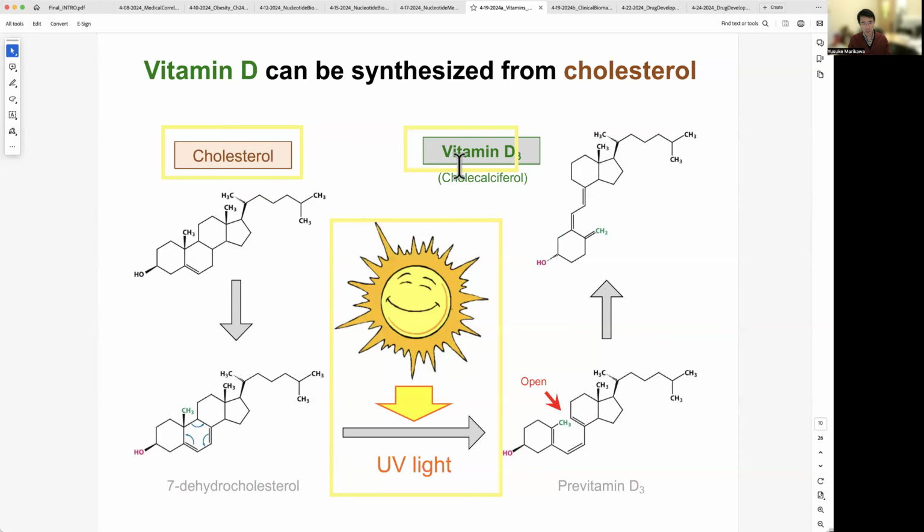You need to know certain kinds of vitamin D, but you don't need to know this detail. Vitamin D can be made from cholesterol using this step that requires UV light, sunshine, and they'll convert this component to the components that are essential for vitamin D production from cholesterol.